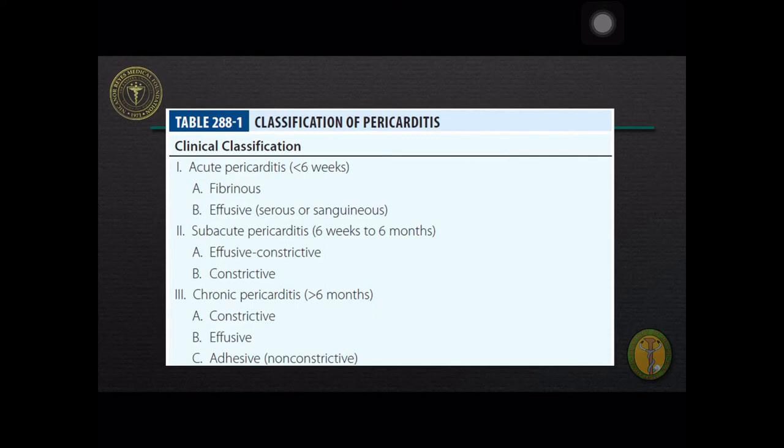Acute pericarditis is when it occurs for less than 6 weeks, subacute pericarditis, 6 weeks to 6 months, and chronic pericarditis when it is more than 6 months.